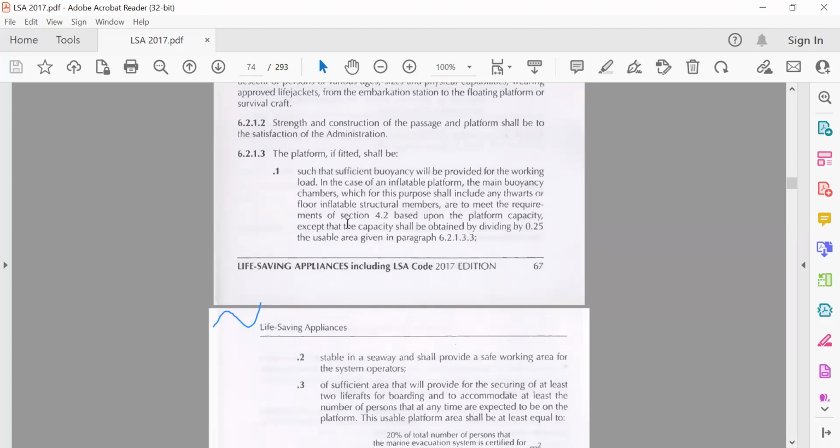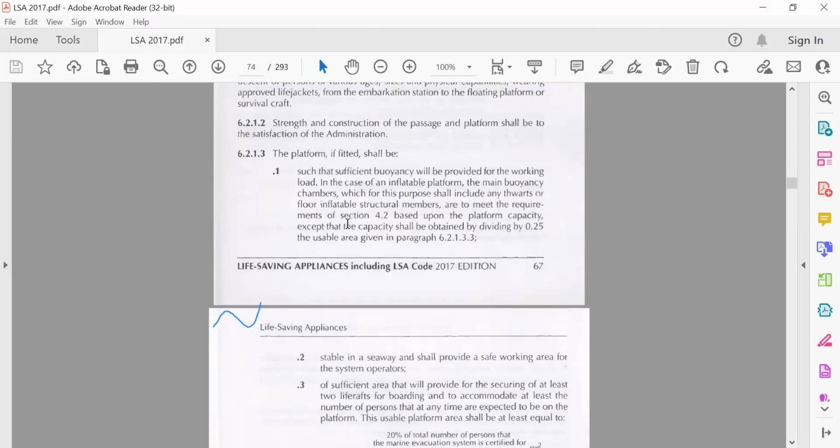In point 3 here, one of the requirements is that the platform should have sufficient area to provide for the securing of at least 2 life rafts for boarding and to accommodate at least the number of persons expected to be on the platform at any time.